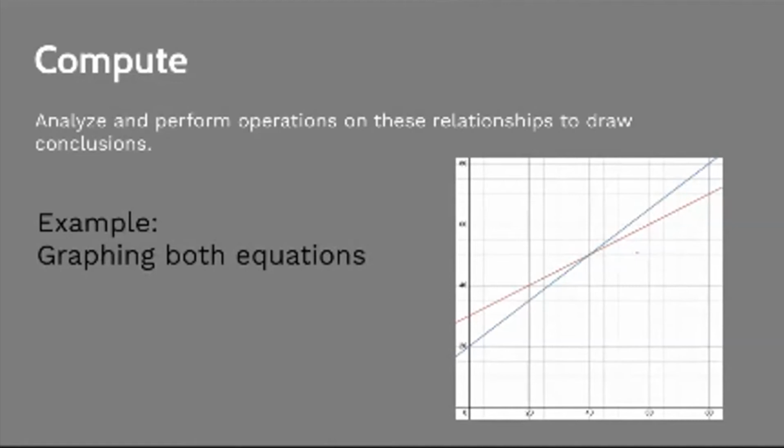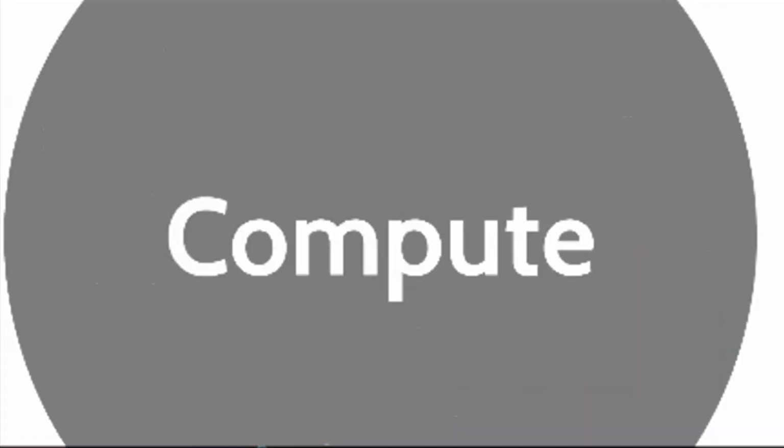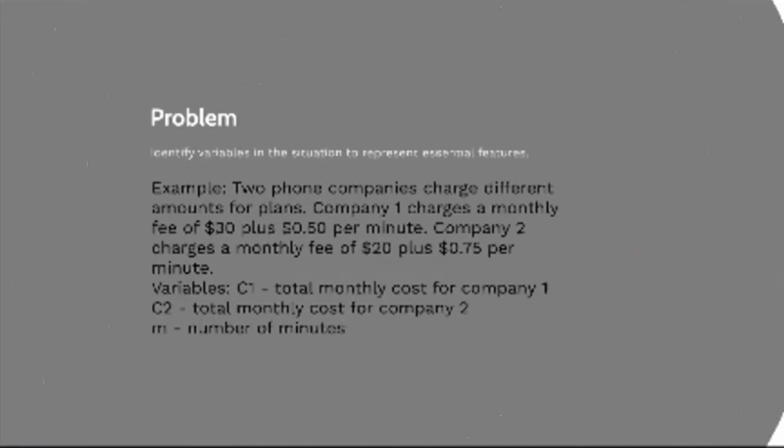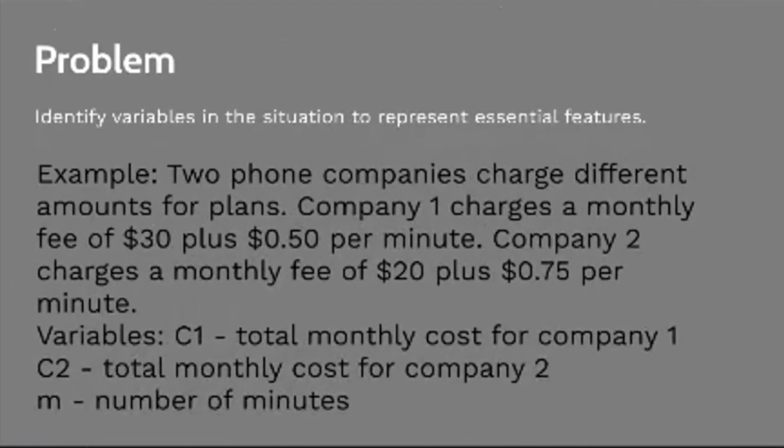All right, we can see the red one represents company 1, and the blue one represents company 2. So I'm gonna go back and make sure everybody's got everything. The first thing we did is we read the problem and we decided what variables to use: C1 for company 1, C2 for company 2, and M for minute.